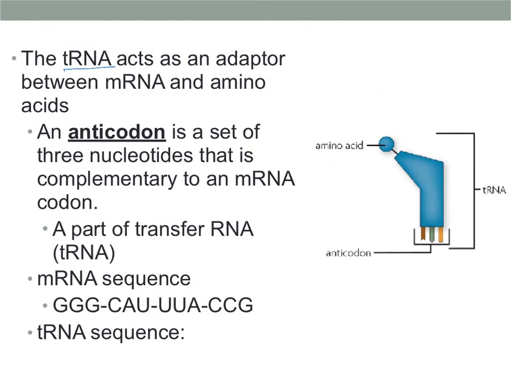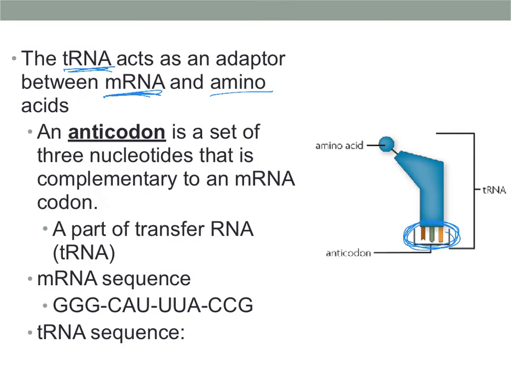The transfer RNA, or tRNA, acts as an adapter between the messenger RNA, which would be getting read at the ribosome, and amino acids, which would be attached to the opposite end of the transfer RNA. So on the bottom of the tRNA is this thing called an anticodon.